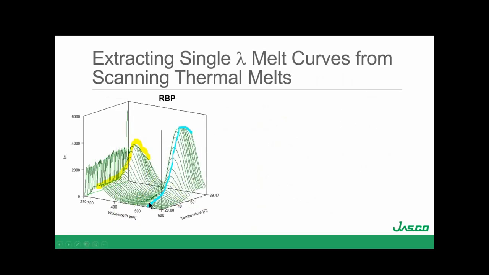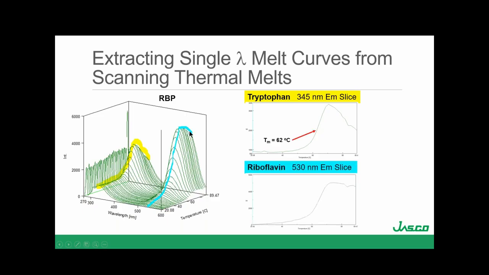So lots of information, but what do you do with that? How do you calculate a thermal melt, a TM, from that? Well, what I've shown here is a 3D plot, and you can see we can pull slices out of these. So if I pull out a 345 nanometer wavelength emission slice, I'm looking at the tryptophan fluorescence thermal melt, but I can do the same with the riboflavin one at 530.